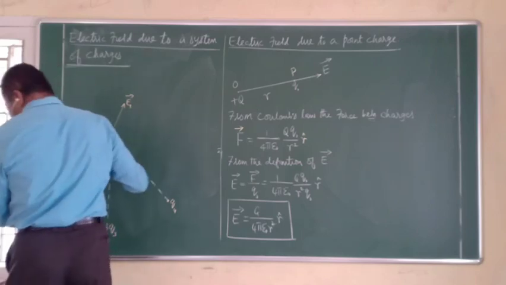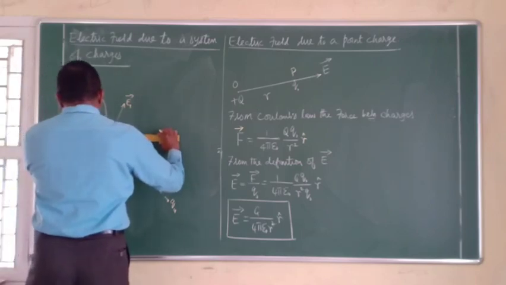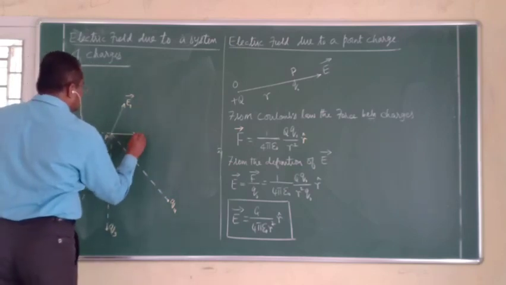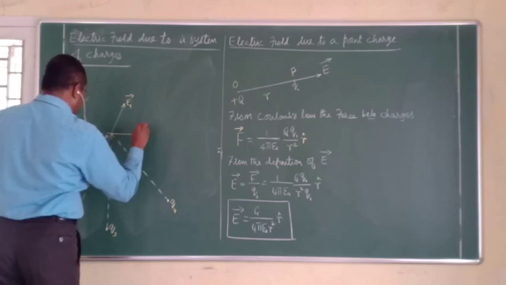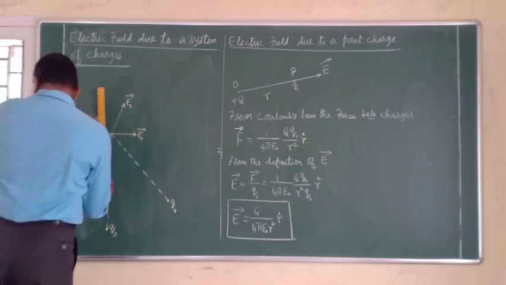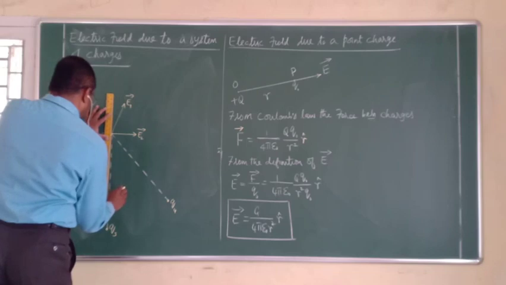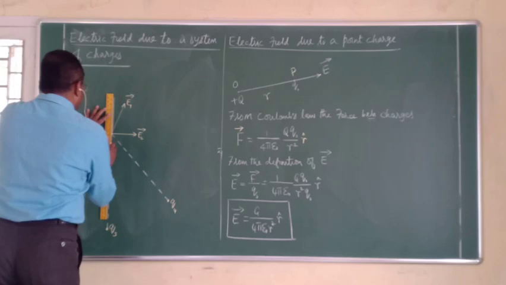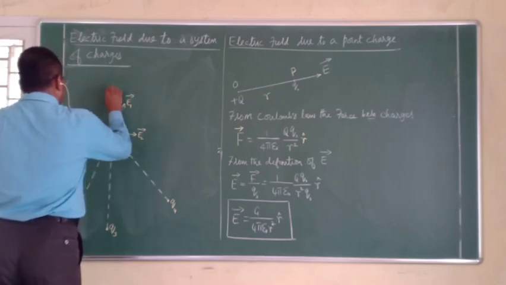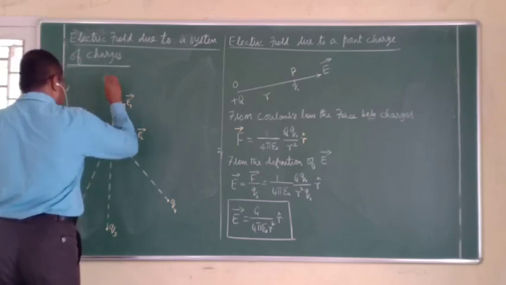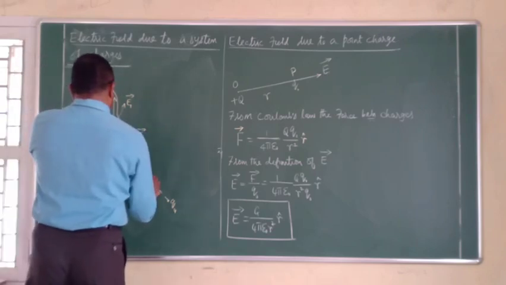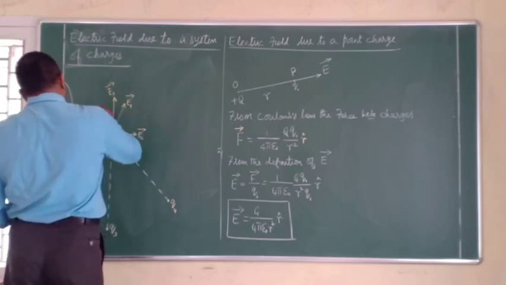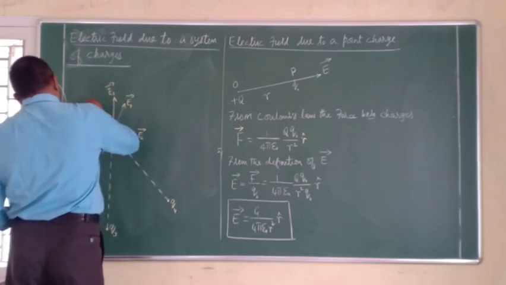Due to this charge Q2, electric field is E2 vector. Due to this charge Q3, electric field be E3 vector. Due to this charge Q4, electric field be E4 vector.